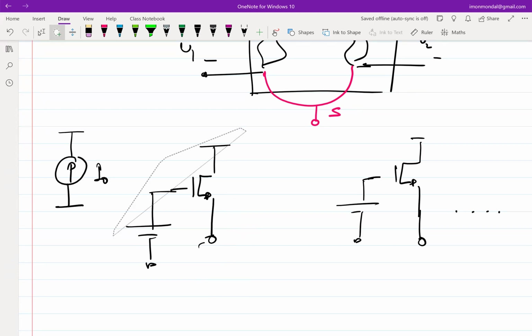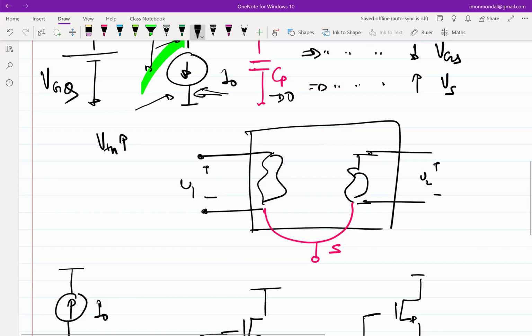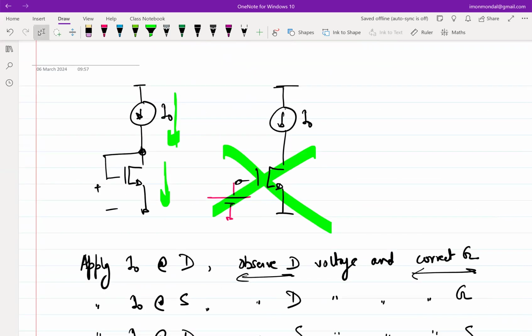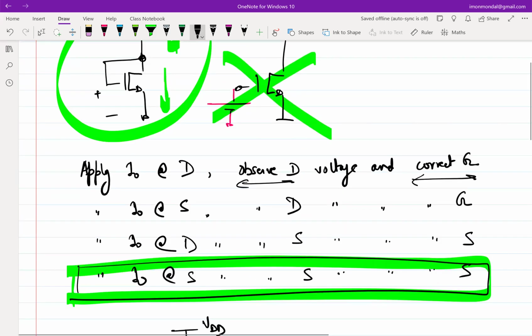Great. Essentially, we have this circuit, so I can borrow this circuit.